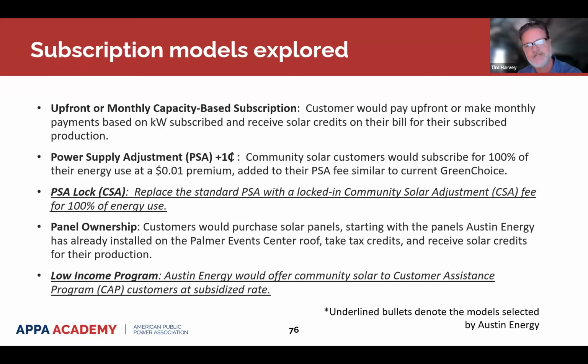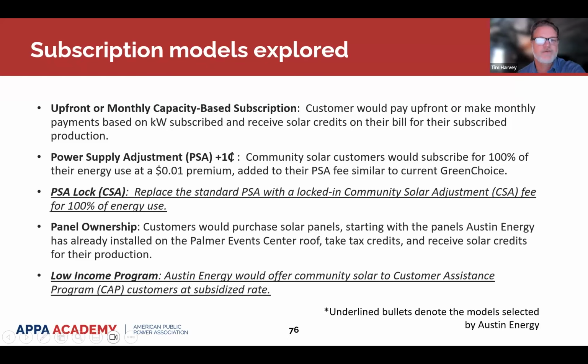Through our stakeholder engagement, especially as it pertains to low-income customers, they did not want to make any kind of upfront investment. And they didn't want to have to assume any kind of operational risk. So that was one of the reasons why we did not move forward with that model. That's based on Austin Energy's experience and feedback from our customers. You may get different feedback from your customers.